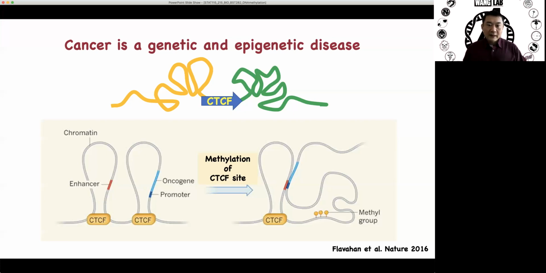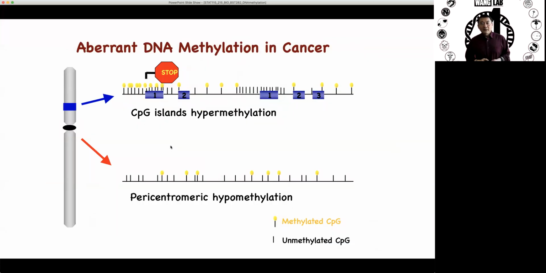So this is an example where an epigenetic event can lead to tumorigenesis, and it really combines oncogenes, demethylation, and chromatin domains, all these concepts together.